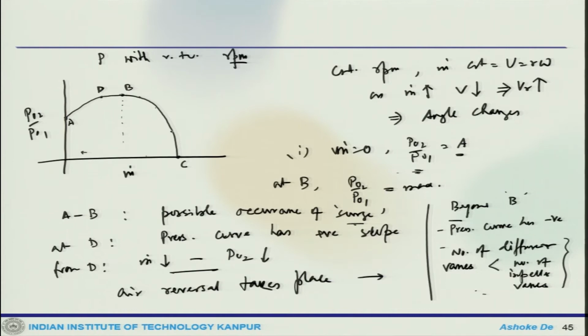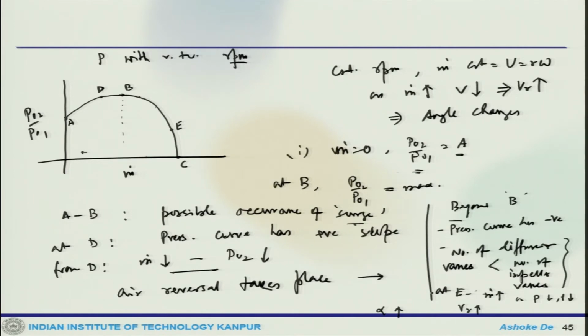Now, there could be another point, let us say E, where the m dot goes up. As pressure goes down, which means density goes down, which means VR goes up. So, alpha increases. Okay.